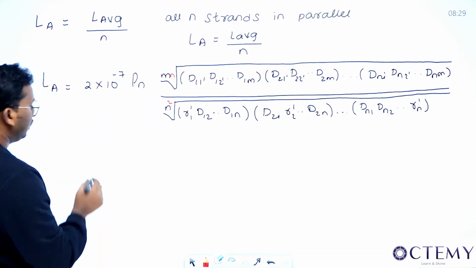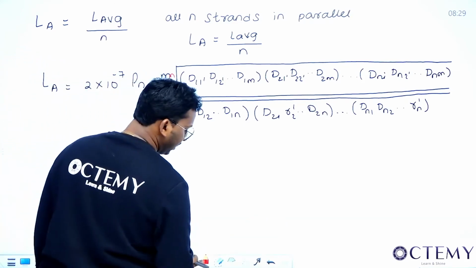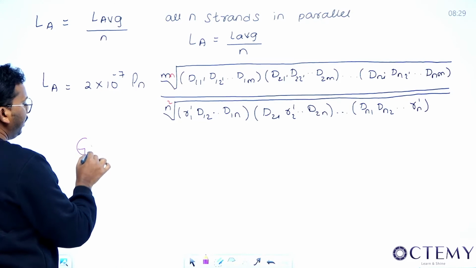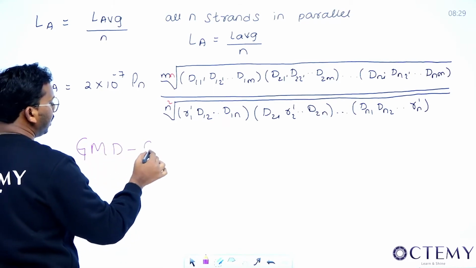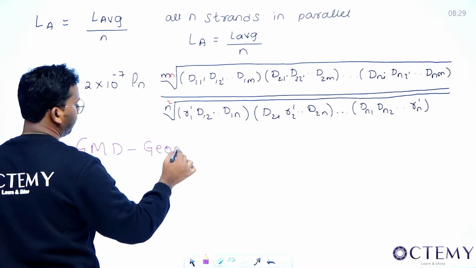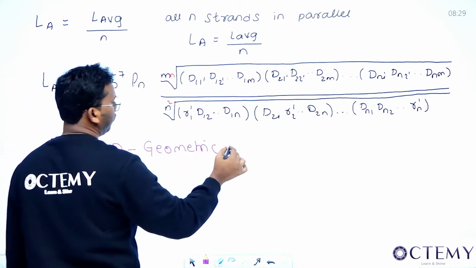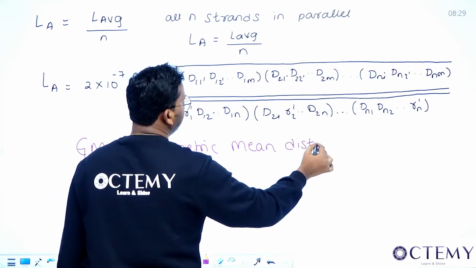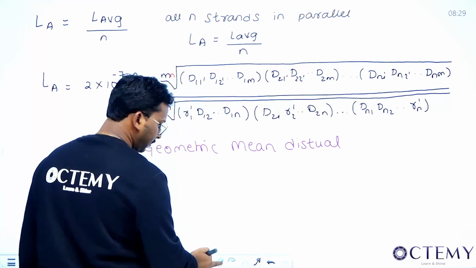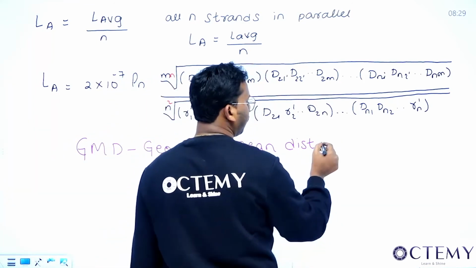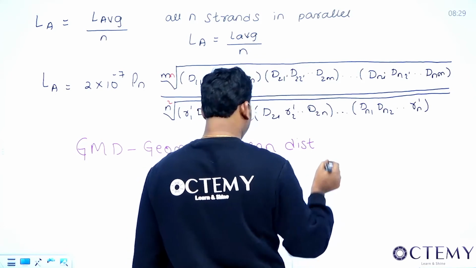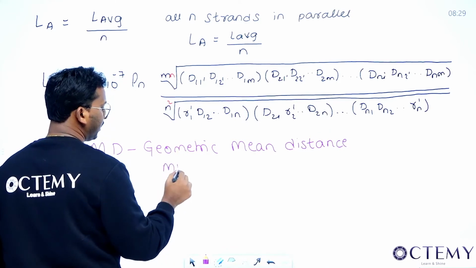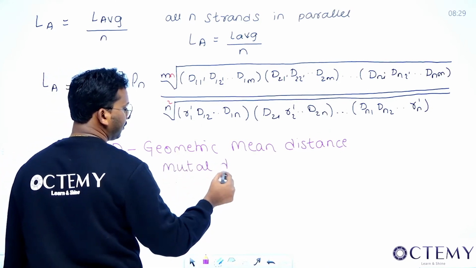The numerator which we are seeing here is called your geometric mean distance, GMD. Or this is mutual distance also.